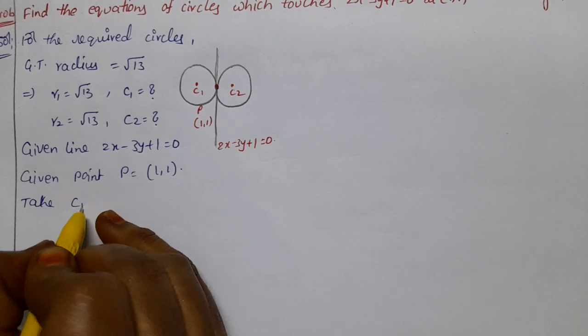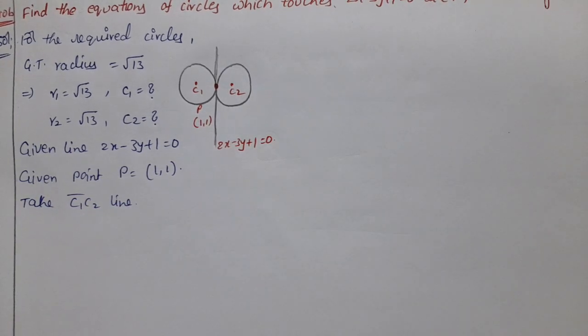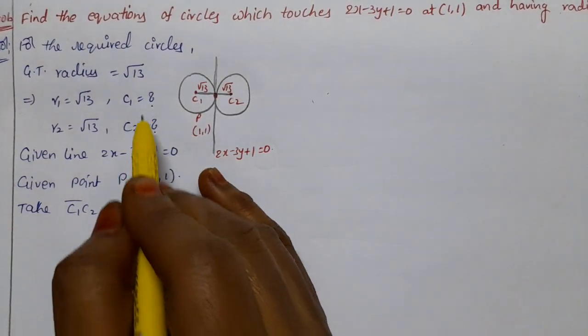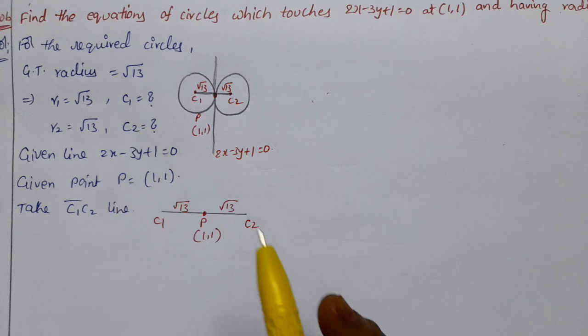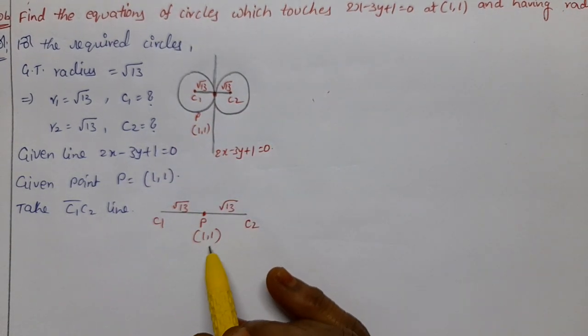Take the C1 C2 line. First we have to find the center points. So for these points take the C1 C2 line. On this line P is also there.